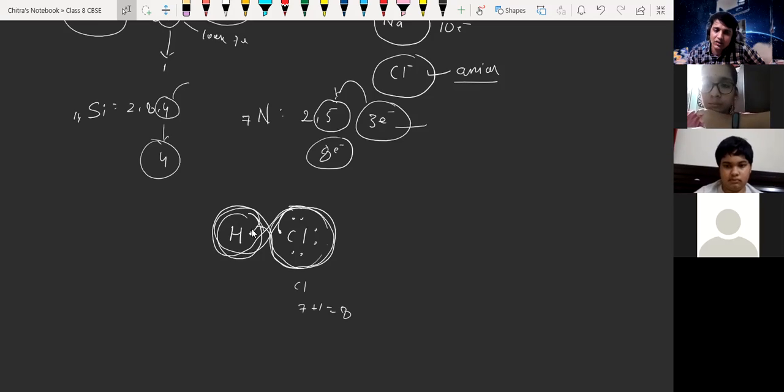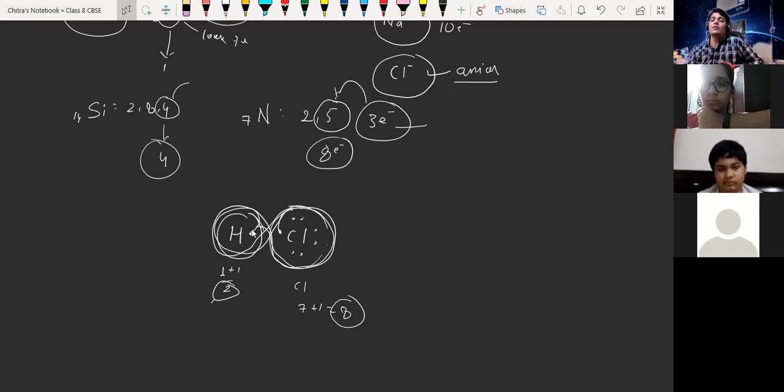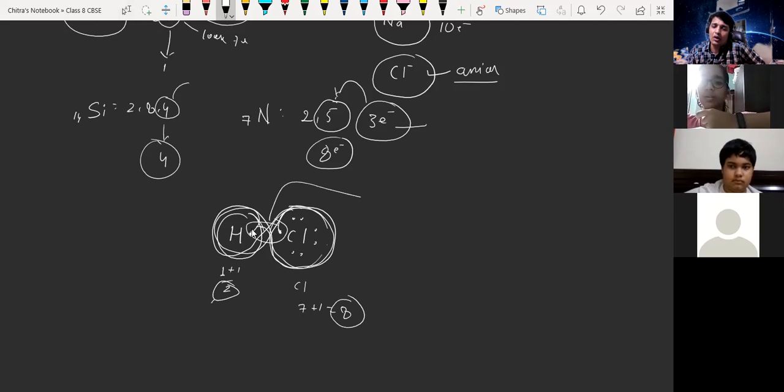Hydrogen has 1 electron in its outermost shell and 1 electron of chlorine, so 1 plus 1 will be 2. So in the first shell 2 electrons, and in chlorine's third shell there will be 8 electrons. So both become stable. This is how they are sharing the electron.